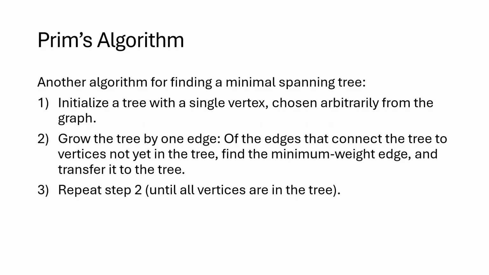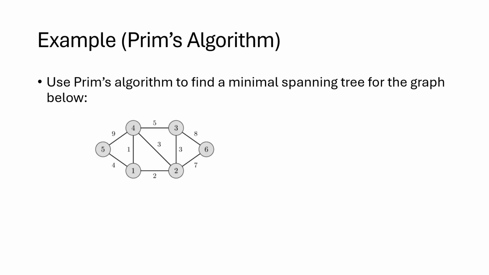And then starting with this one vertex, we expand that, as I said, one edge at a time until it grows into a full spanning tree. And the way that we do that, it's best that I explain that in the example here.